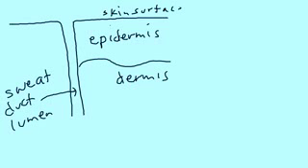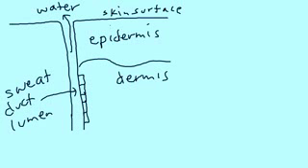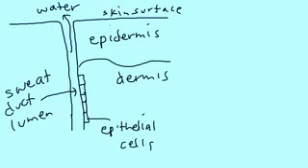And we all know that what comes out of this duct? Well, water comes out. And then along the lining of this duct are cells, and that's what these represent, and these are epithelial cells.